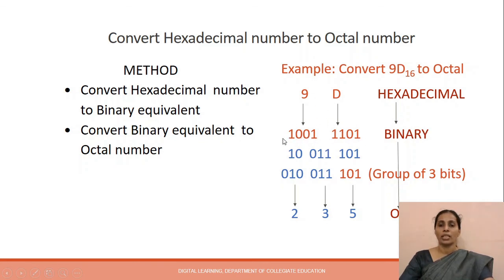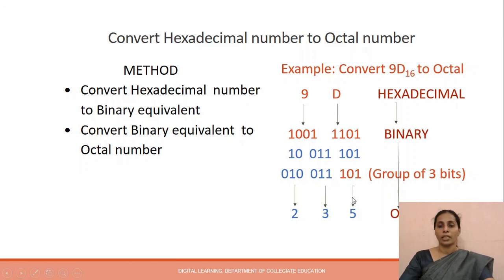Now make this binary number into groups of 3 bits. So here 101, then here 011, then 10. So here we have only 2 bits. So make this a 3-bit group by appending a 0 in the beginning. So here the 010, 011, 101.